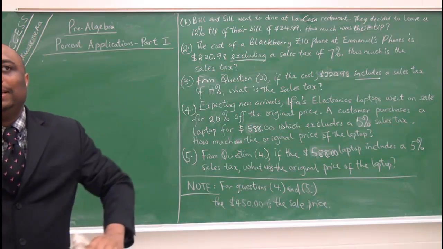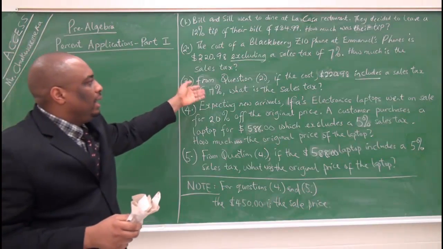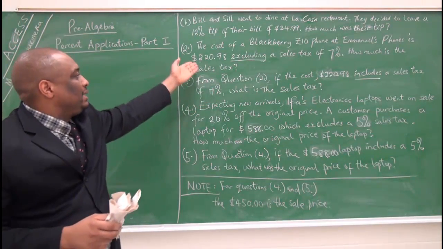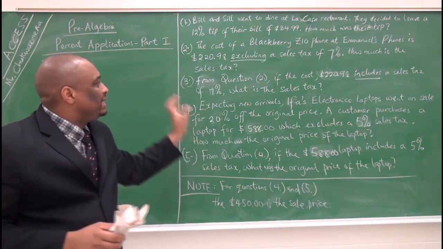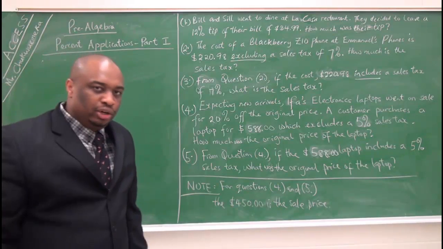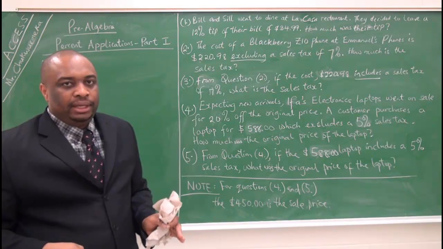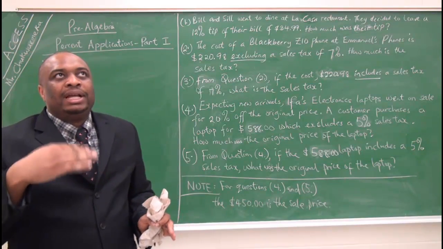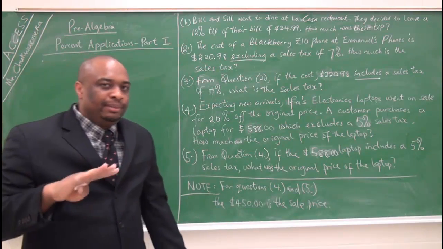I mean, the sales tax in this case will be smaller because the price of the phone will be smaller, since the $220.98 includes also the sales tax. So it's inclusive there. So that means that the original price of the phone will not be $220.98. It's going to be smaller than that.